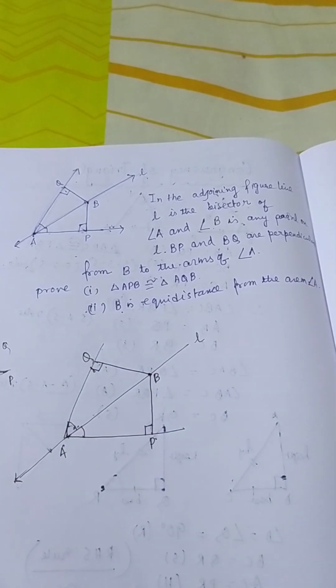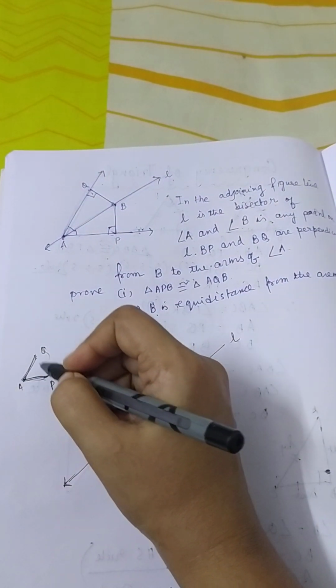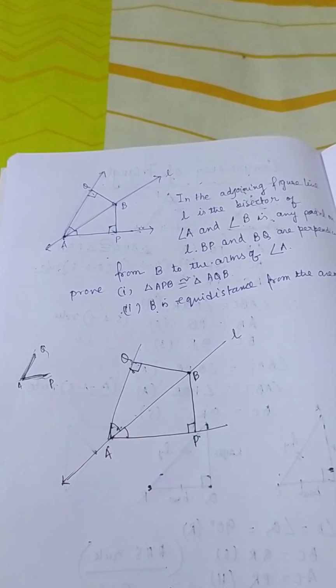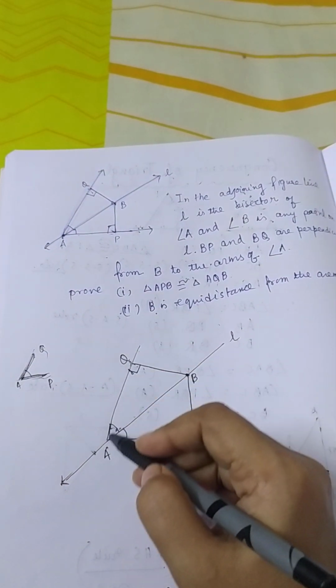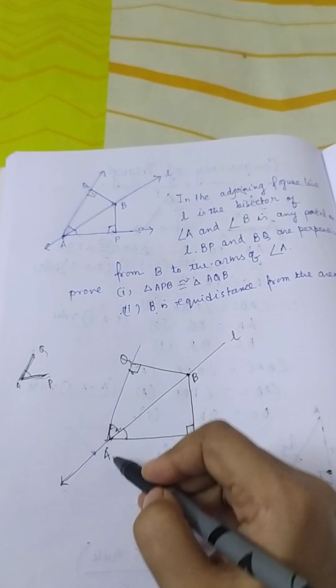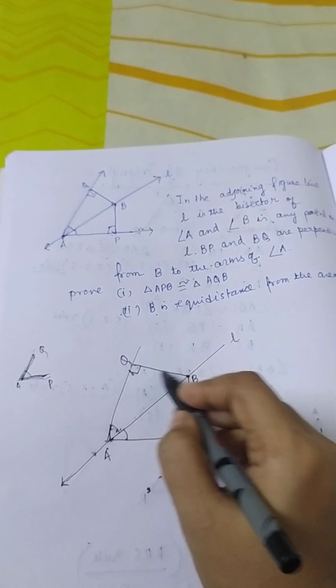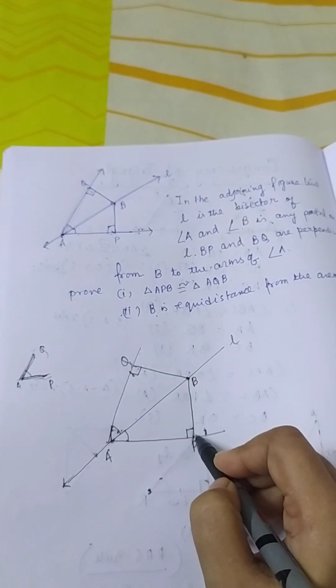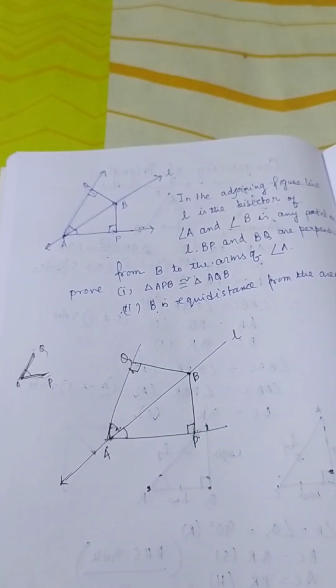If QAP is an angle, then QA and AP are two arms of this angle. On these two arms, BQ and BP are drawn. First of all, we have to find out the congruency between these two triangles.